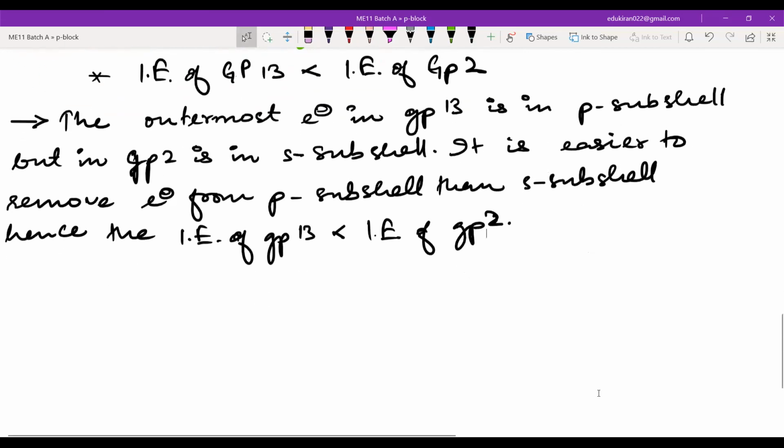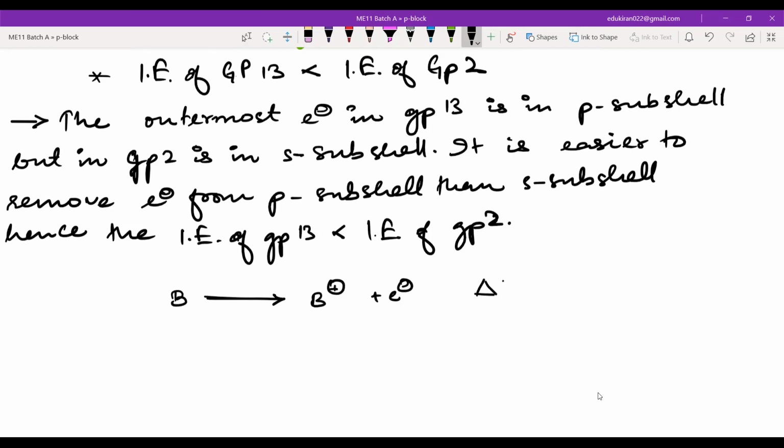The next thing is that in group 13 elements the valency is 3, right? The oxidation state will be plus 3 because it has 3 valence electrons, and we can remove 3 valence electrons. So we have a group 13 element, let us say boron. If I remove one electron from boron, it will be B+ plus an electron.